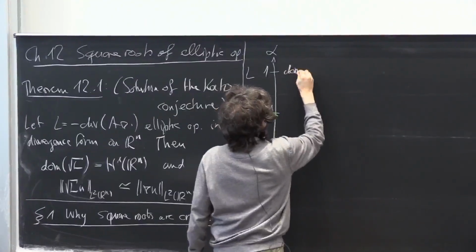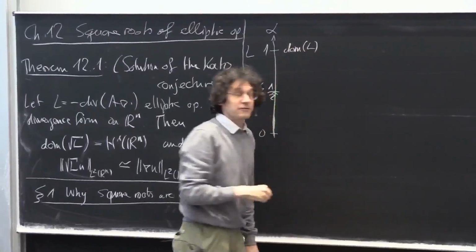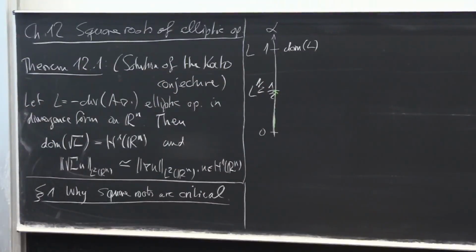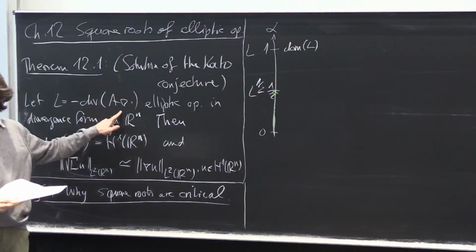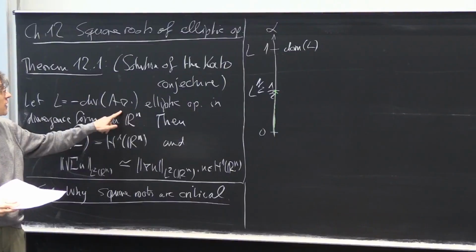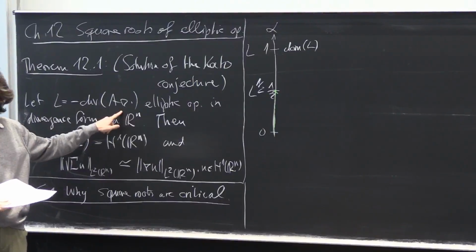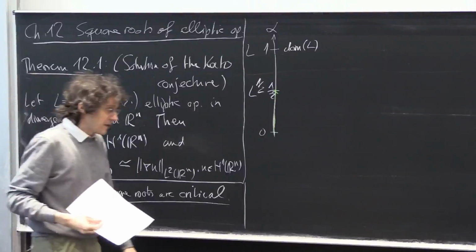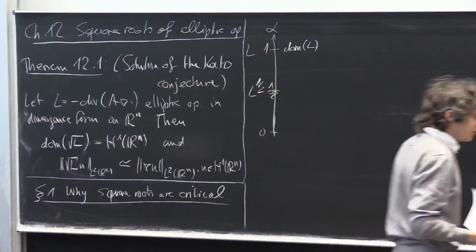For the full operator, we've seen that the domain of L, which in a first view, very naively, one could say, okay, this is an operator of second order, so if we look at this operator in L2, the domain should be H2, twice weakly differentiable functions over L2.